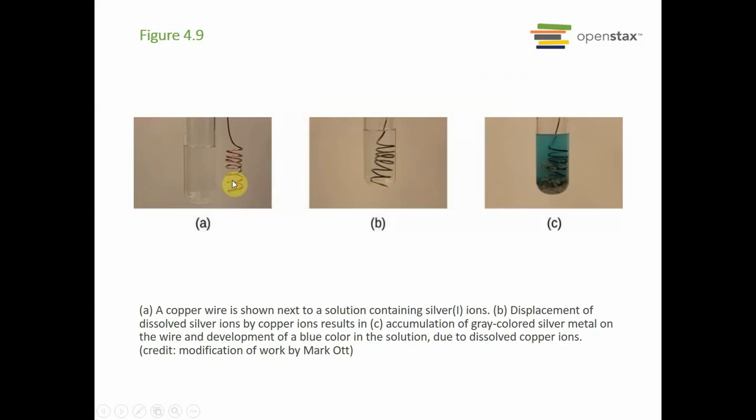This shows a silver solution with copper wire, and the copper becomes oxidized, becomes copper in solution, and the silver is deposited on the copper and falls off. A copper wire is shown next to a solution containing silver. Displacement of dissolved silver ions by copper ions results in accumulation of gray-colored silver metal on the wire and development of a blue color in the solution due to dissolved copper ions.